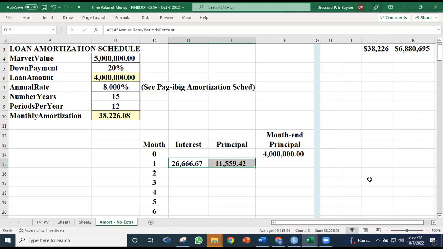So, some of that will go to interest. Siyempre, dapat kikita din yung nagpautang. Some will go to principal payments. Therefore, ang month-end principal natin after the first month will be yung 4 million na balance natin, kaya ima-minus natin yung magkano ibabayad sa principal.